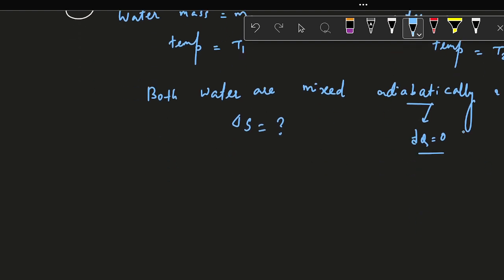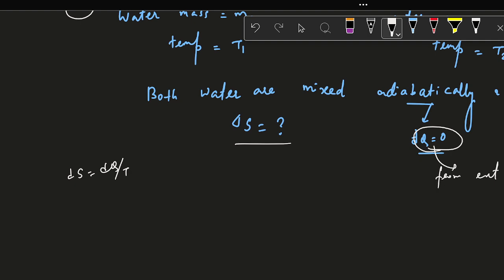So now again you have to calculate the change in entropy, right? So for that you have to know what is the heat that is being transferred, because otherwise you have to get ds equal to dq by T. Now don't get confused because we have already told dq equal to 0, but that is from external source, that is not from the system itself.